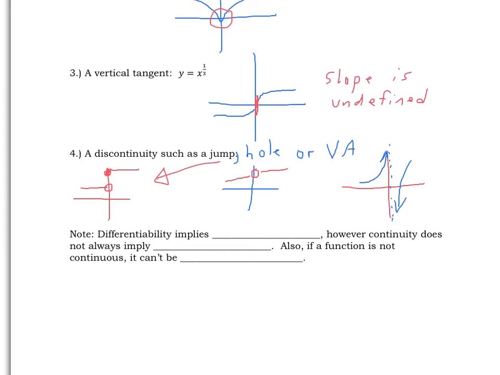So to summarize, differentiability implies continuity. In other words, if a function has a derivative, it's going to be continuous. However, continuity does not always imply differentiability.